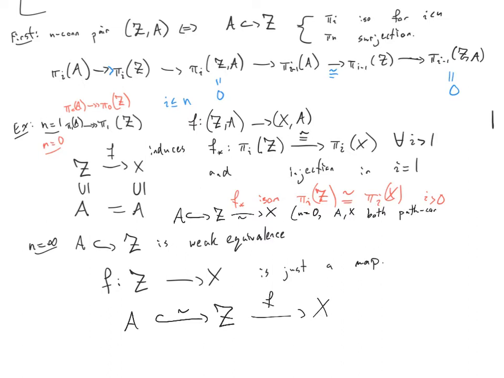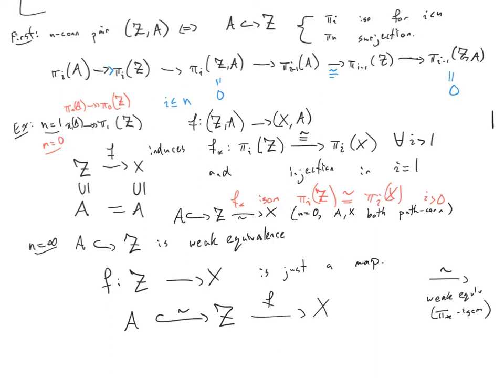So we get rid of the base point issues. So we're kind of interpolating between these two different cases. And I'm using, reminder, this means weak equivalence, i.e. pi star isomorphism, not homotopy equivalence.